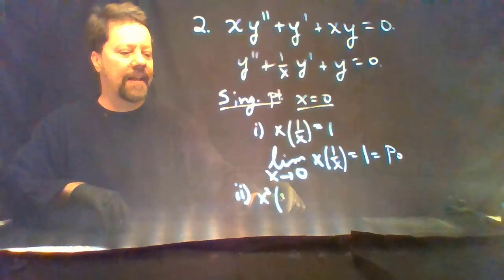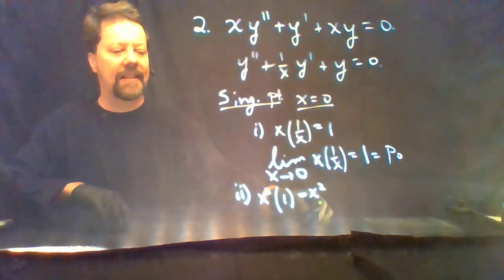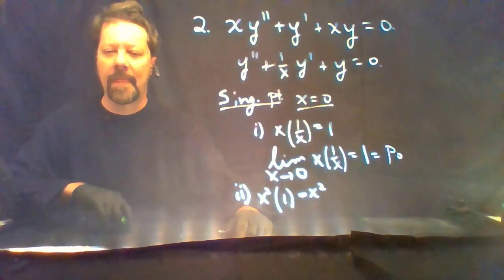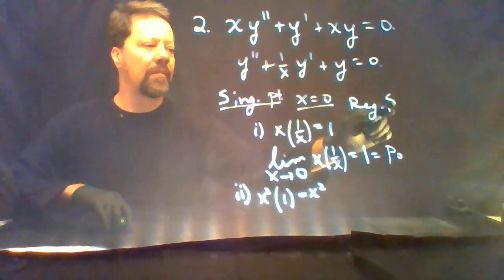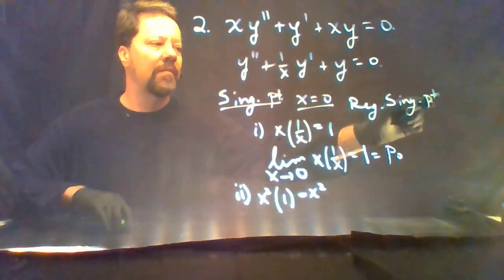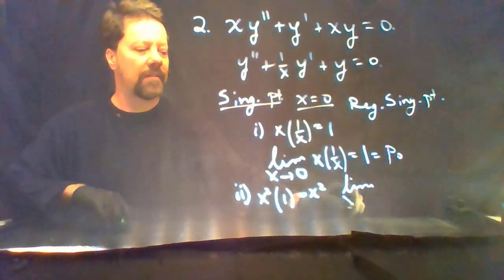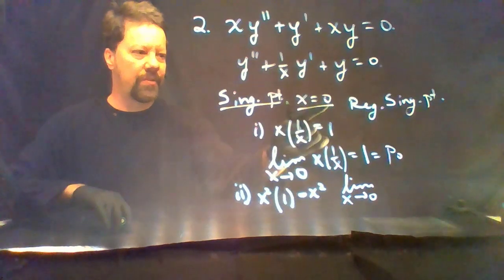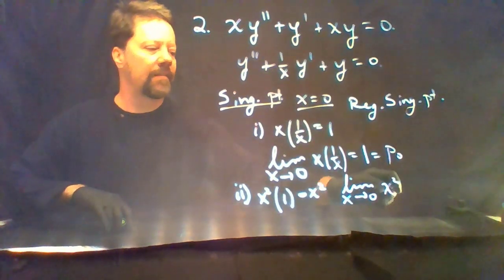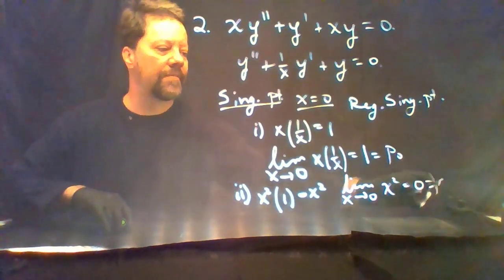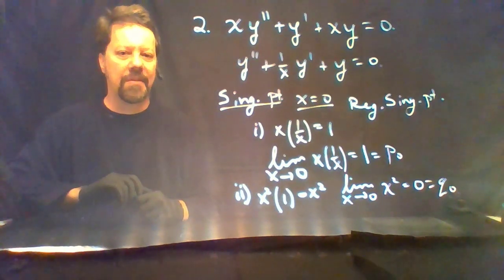To check the other case, we get x², and this is analytic at 0. This is going to be a regular singular point. But we still need to calculate q₀. We're going to the singular point 0 here, this product, and that's 0. So p₀ is 1 and q₀ is 0.